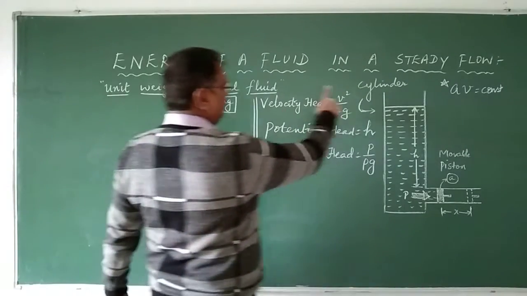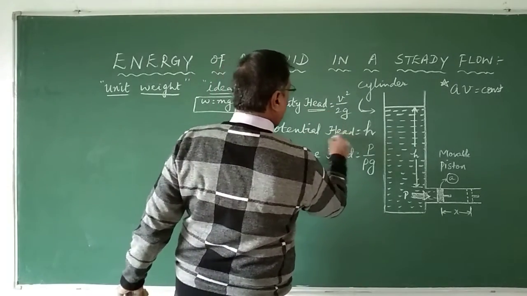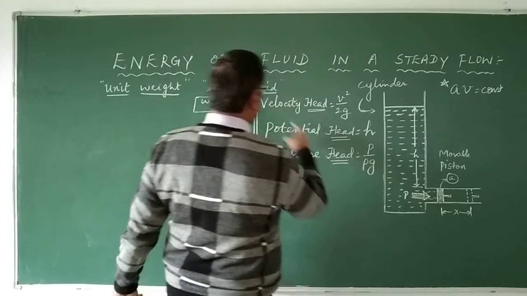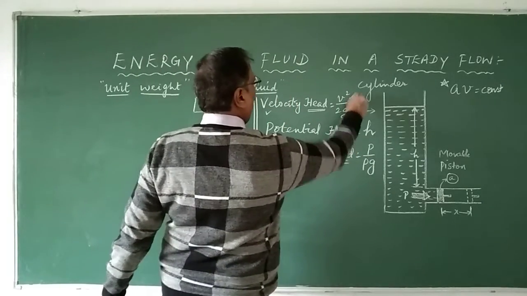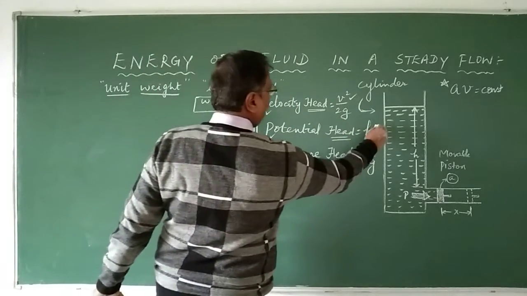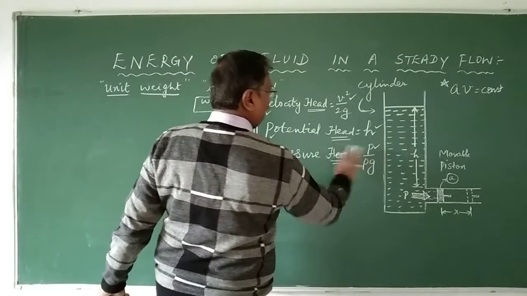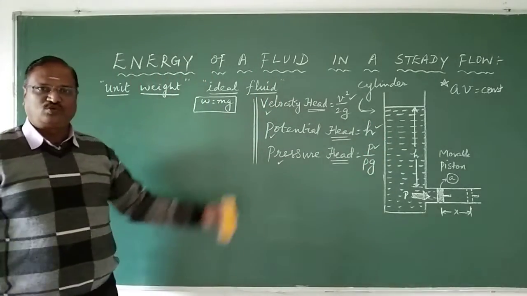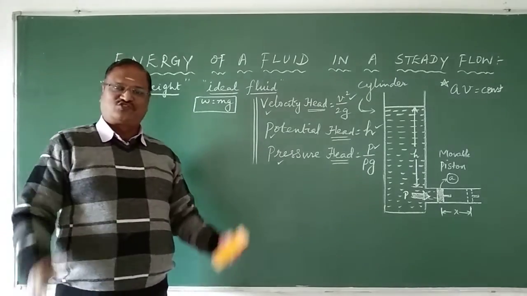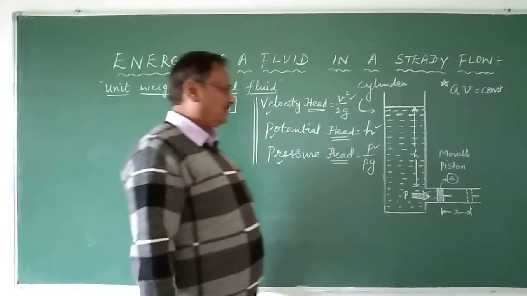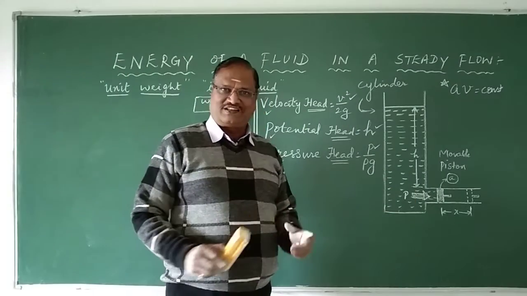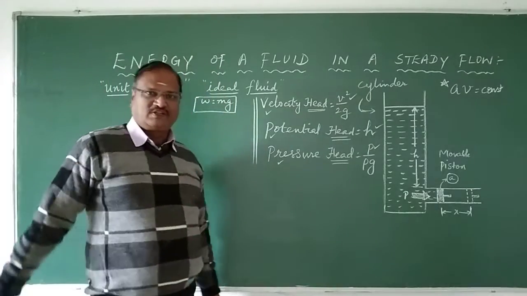So these are the three words you use: head, head, and head. Velocity, potential with respect to height, and pressure with respect to pressure. There are three heads which we are going to use. I hope you understand what I have done in this whole derivation.